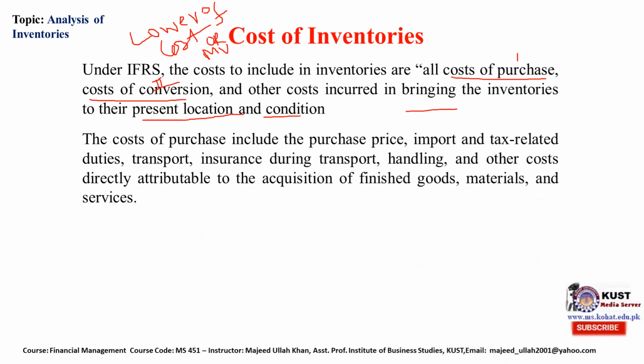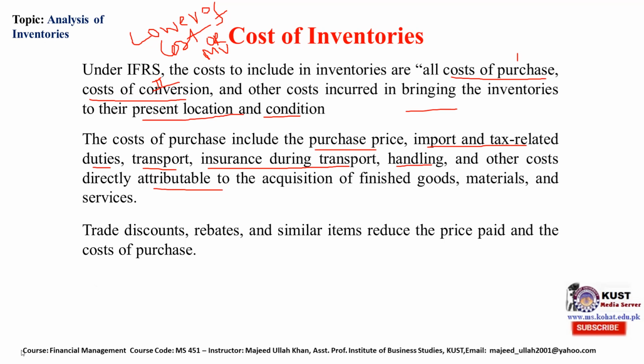Now, the cost of purchase includes what? Cost of purchase includes purchase price, import and tax related duties, transportation, insurance during the transport, handling, loading and unloading, and other costs directly attributable to the acquisition of finished goods or raw material or any other services.